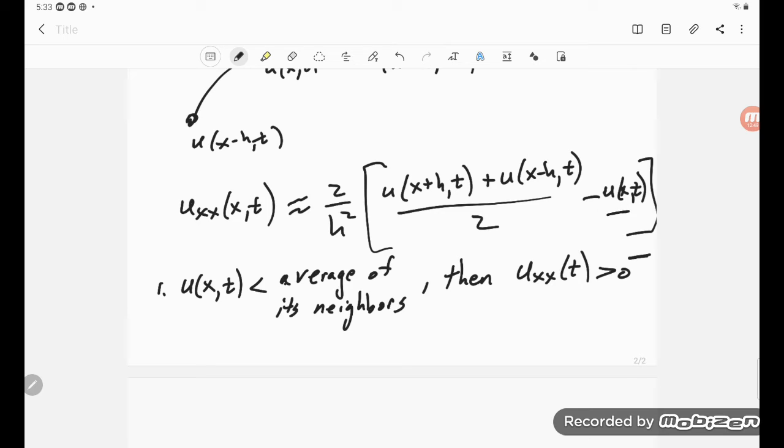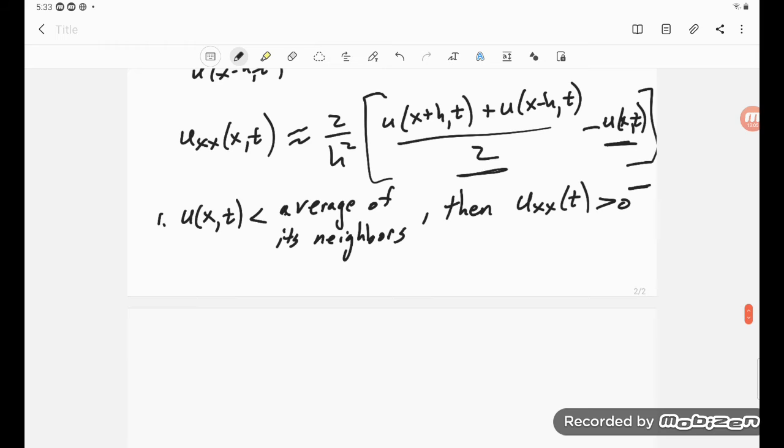Because if the u here is less than this average, I'll get a positive number. And h squared is always a positive number. 2 is always a positive number. So then uxx of t is a positive number. And then by the model, u sub t is greater than 0. It increases, or u increases.